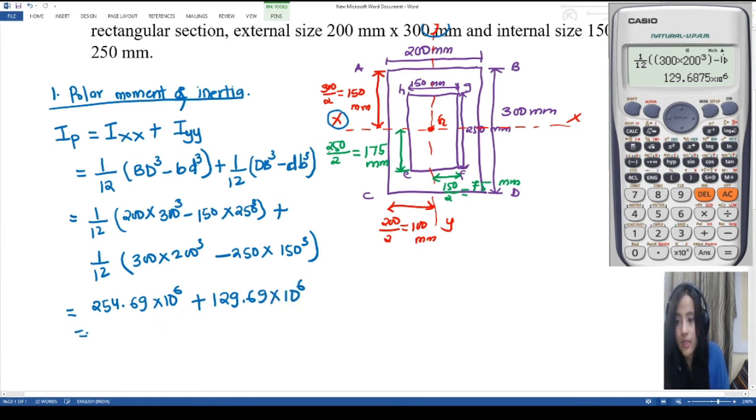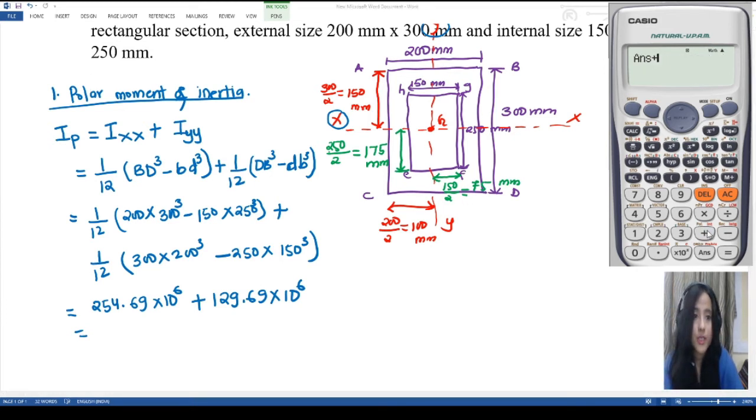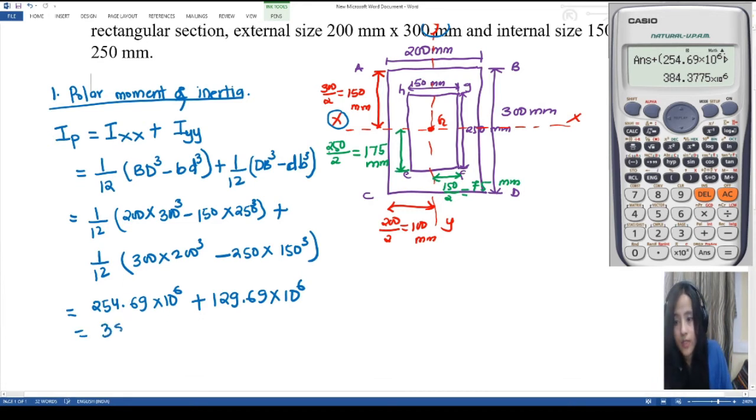Now if I add both these up, 254.69 into 10 raised to power 6, plus 129.69 into 10 raised to power 6, I'm getting 384.377, so let's make it 384.38 into 10 raised to power 6 mm raised to power 4.